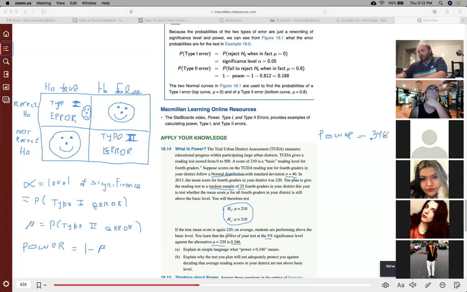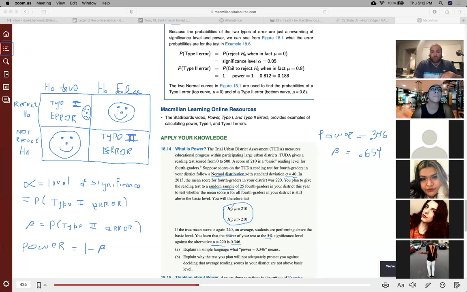In this example, what's my beta? 0.654. Okay. Now, beta is the probability of making a type 2 error. In other words, of not rejecting the null hypothesis when the null hypothesis is false.